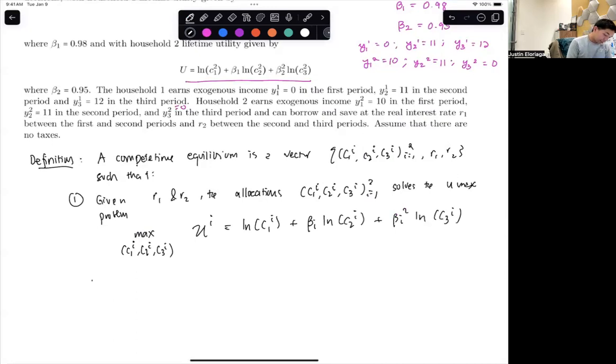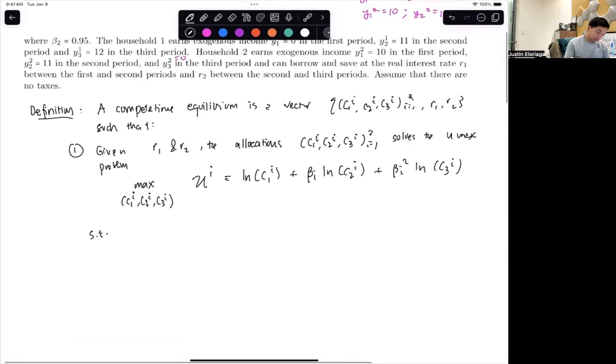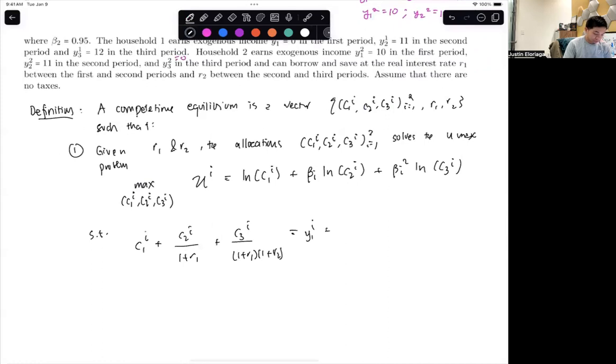This is subject to your typical constraint: C1i plus C2i over 1 plus R1 plus C3i over (1 plus R1)(1 plus R2) is equal to Y1i plus Y2i over 1 plus R1 plus Y3i over (1 plus R1)(1 plus R2).